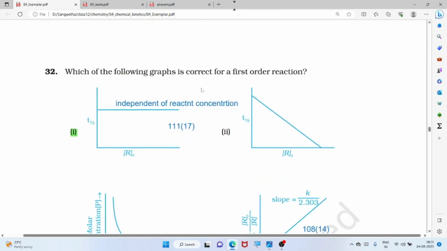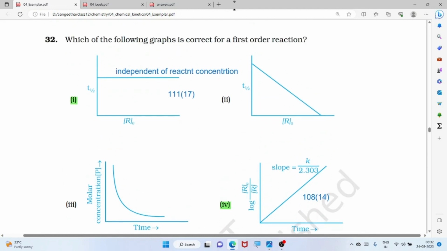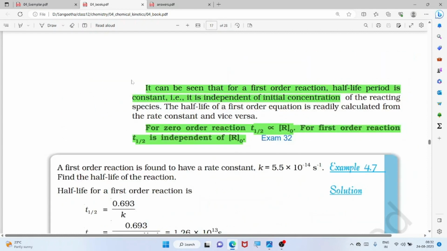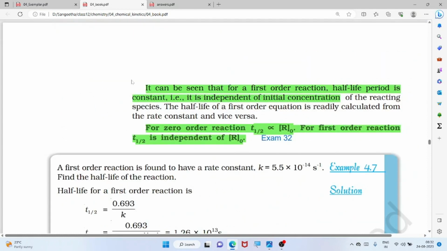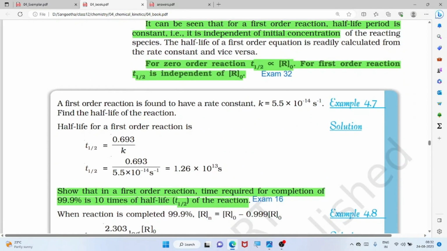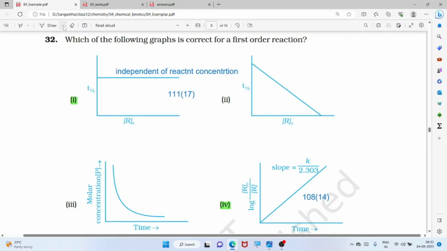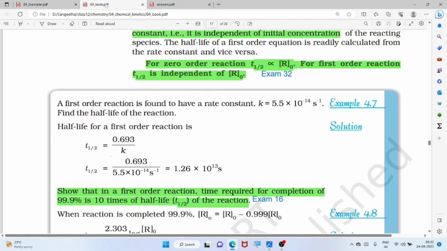Which of the following graphs is correct for the first order reaction? Okay, first order reaction. This is for the first order reaction.